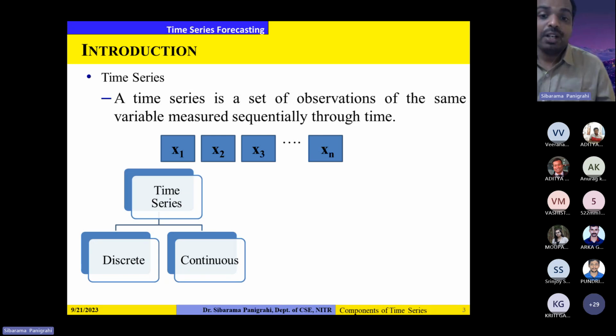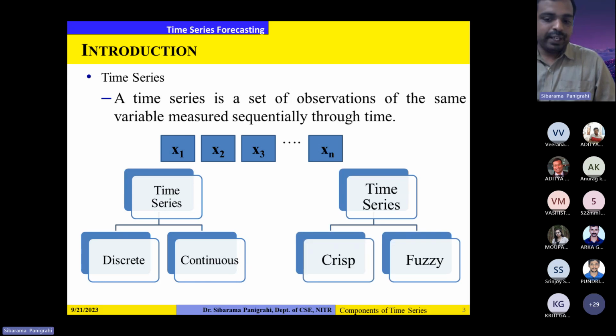Whereas if I want to measure the EEG signals of a person, then it will give you a continuous time series. However, all of you know that nothing is continuous in this universe. If the time space is so small, then we think of it as continuous. Every continuous time series can be converted into a discrete time series by following a discretization method or random sampling at regular intervals. Then the time series forecasting methods can be applied.